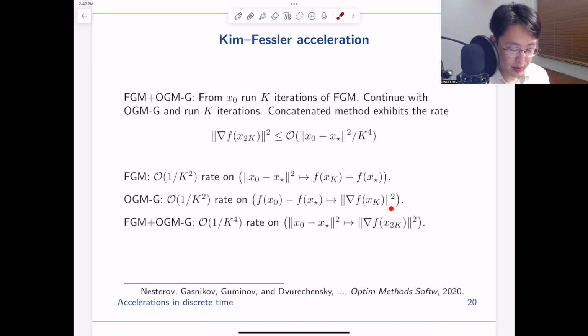Because the terminal guarantee of Nesterov's fast gradient method and the initial requirement of OGMG match, because they're compatible, you can concatenate them. If you put them together, the concatenated method will have a rate of 1 over k quad, which is 1 over k squared times 1 over k squared. And we get a terminal guarantee on the squared gradient magnitude.